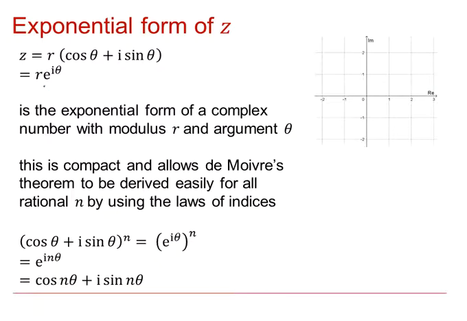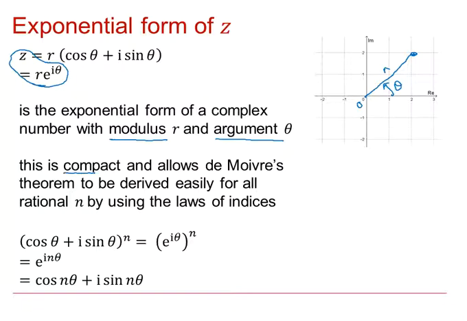So now we have this exponential form of a complex number, and we can still see that it has a modulus r and it has an argument theta. If you are given something like z equals r e to the i theta, it's still representing a complex number where r is the distance from the origin and theta is the direction from the positive real axis.